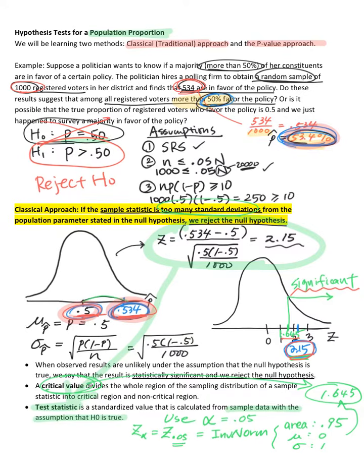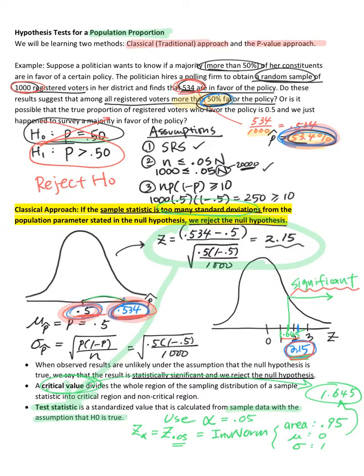So what we're saying is that if the null hypothesis is true, the null hypothesis of P equals 0.50, it is so unusual to get a sample proportion such as 53.4% purely by chance. You're not supposed to be getting something like this if the null hypothesis is true.